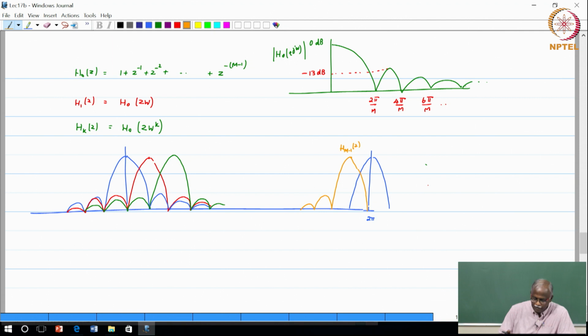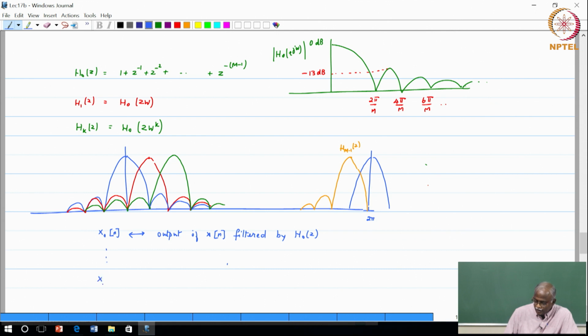So, we can write the following statement: x naught of n, if you were asked to give a description of this, you would say that this is the output that you would get if x of n is filtered through a filter H naught of z. That is a filter and you pass it through, and that is the output that you will get.